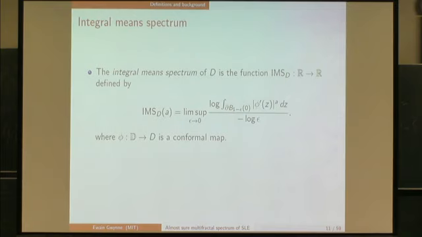And this indeed turns out to be the case, because essentially the same estimates which yield the multifractal spectrum also allow us to compute the almost sure integral mean spectrum.